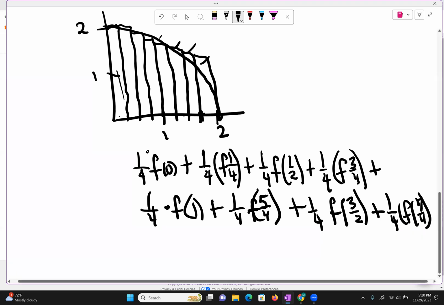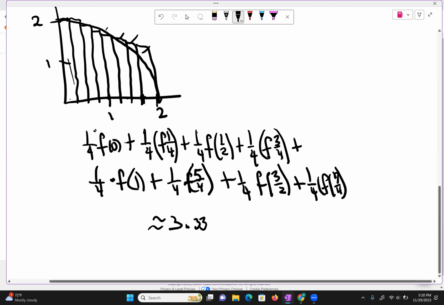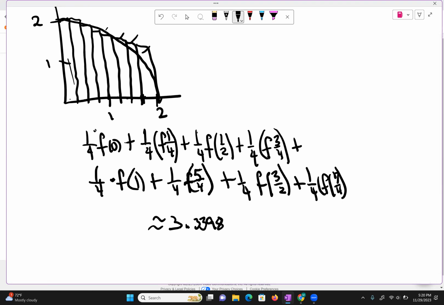And when you do the math of this value, you obtain an approximate value of 3.3398 square units. So that is the topic where we're trying to round off different ways to approximate the area as exactly as possible.